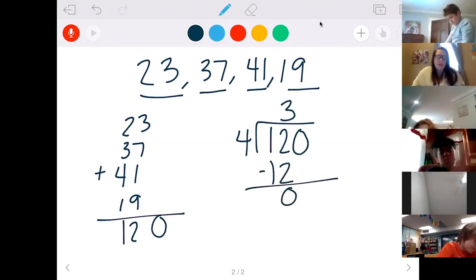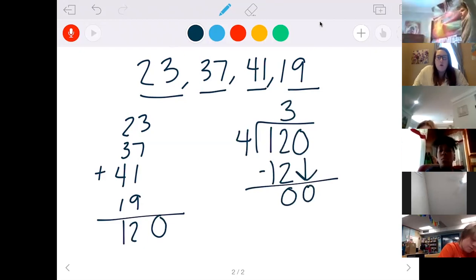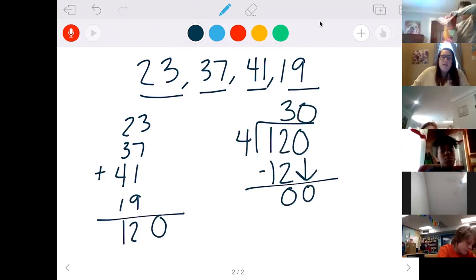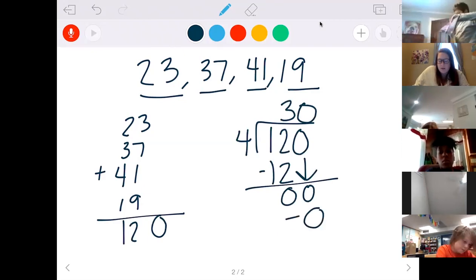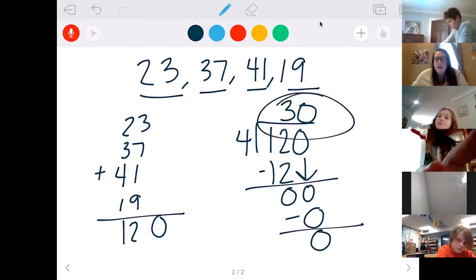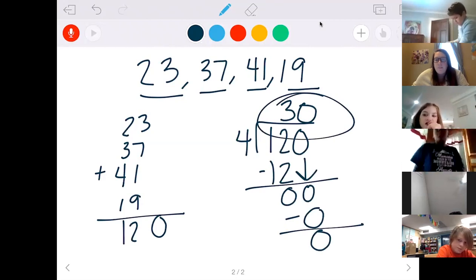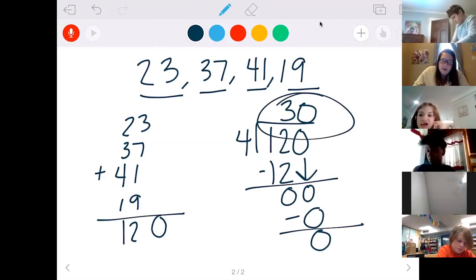Subtract. And 0. Bring down this 0. 4 goes into 0, 0 times. 4 times 0 is 0. You've got 0 remainder, so you're good. So your mean would be 30. Okay? Remember that if you have a 0 here, you still need to bring it down. Okay? You can't just leave it.